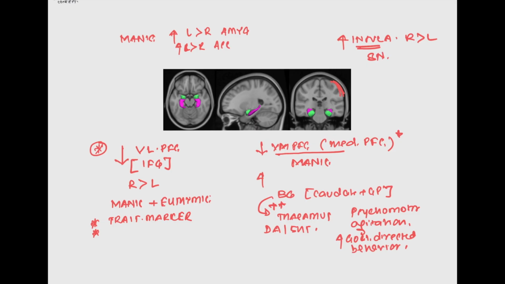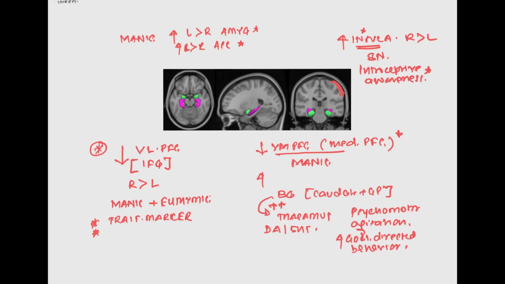So now we have actually seen three different areas that are a part of your salience network: the insula, the amygdala, and the dorsal anterior cingulate cortex, right? So insula is responsible for something called interoceptive awareness, the awareness of the physiological response of your body, right? Like, for example, your heart rate, your breathing, right? Your GI function. These are all interoceptive signals. So it's responsible for interoceptive awareness.